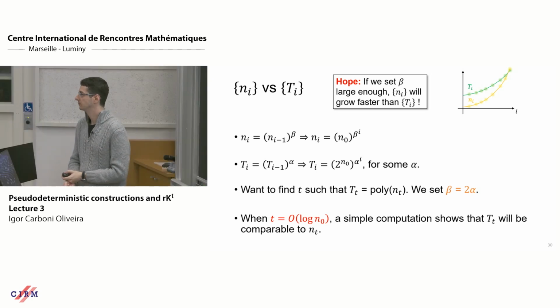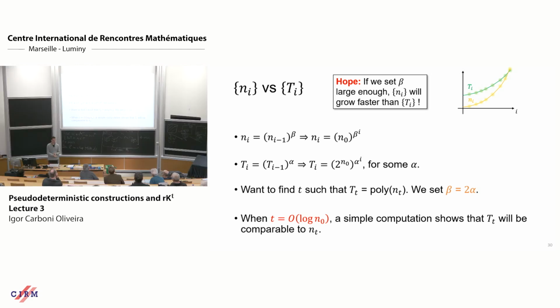Any questions so far? I'm just saying that after enough steps, what's going to happen is that the size of the hitting set is polynomial in the input length. And if you set beta to 2 times alpha, then this happens with log n iterations. So any questions so far about this argument?